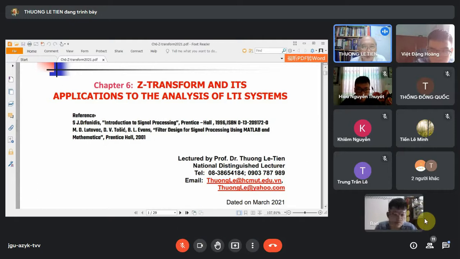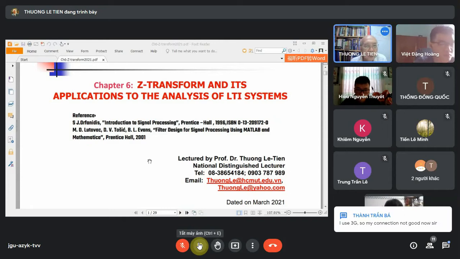Now we start with chapter 6. We discuss the Z transform and its application to the analysis of LTI systems.